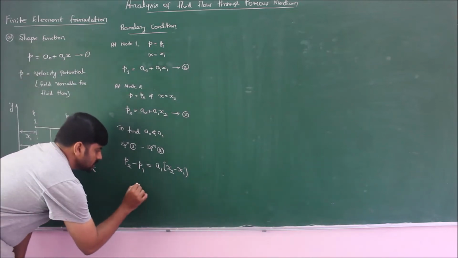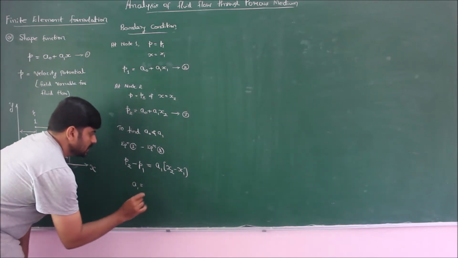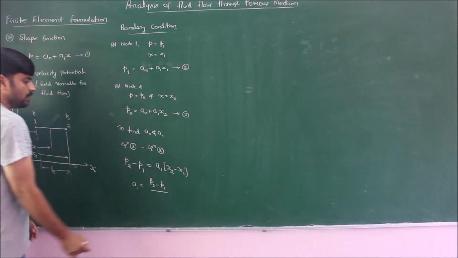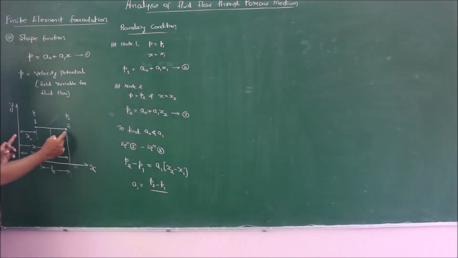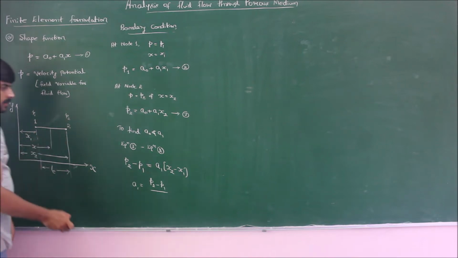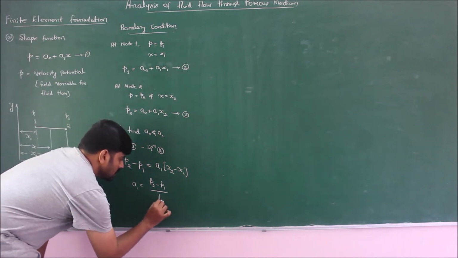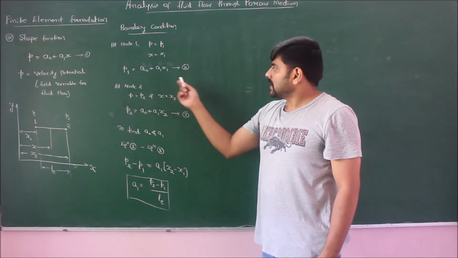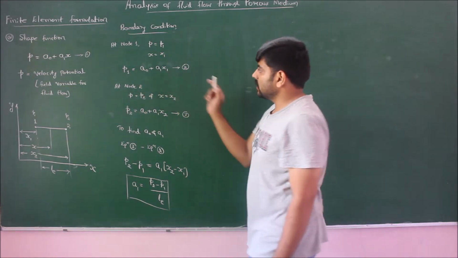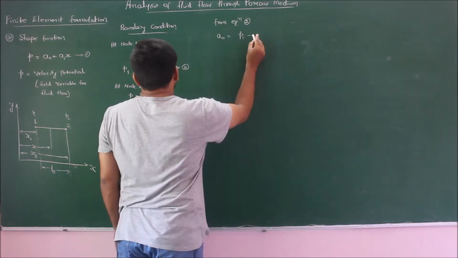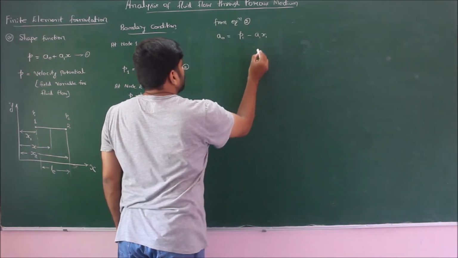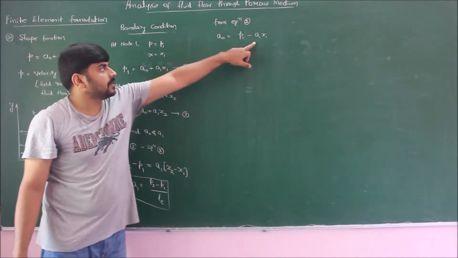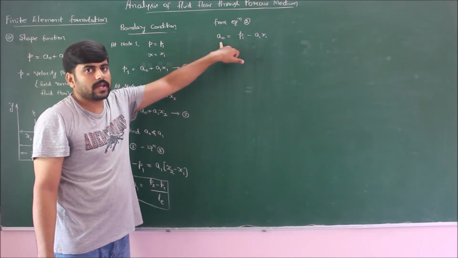So therefore the constant A1 is equal to P2 minus P1 divided by x2 minus x1. The value of x2 minus x1 is nothing but length of the element. Now to find the value of A0, let us use equation 2. From equation 2 I can write A0 as P1 minus A1 x1. So I know the value of A1, substitute A1 and simplify, find the value of A0.